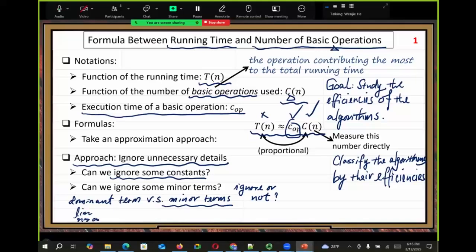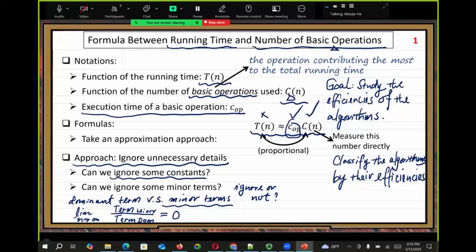The term minor over the term dominant, this limit should be 0. That's the way we interpret dominance. When n goes to infinity, the ratio goes to 0. For that property, then we feel comfortable.